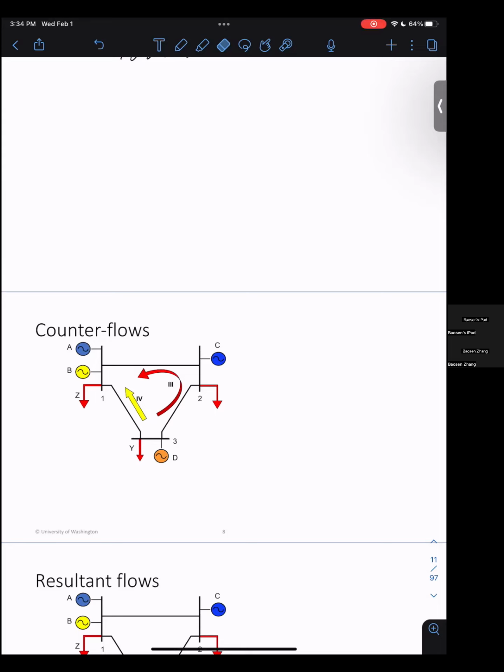Flows are not like cars, for example. Cars don't cancel, but power flows do cancel. So the counterintuitive thing is, let's say B to Y is too expensive and I can't sell that much.